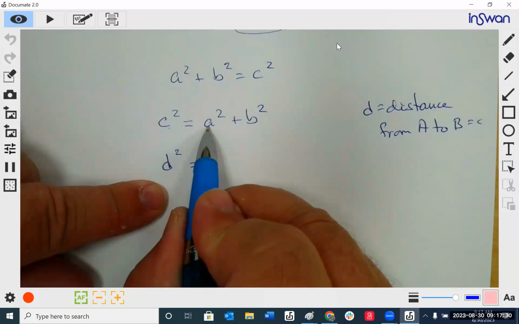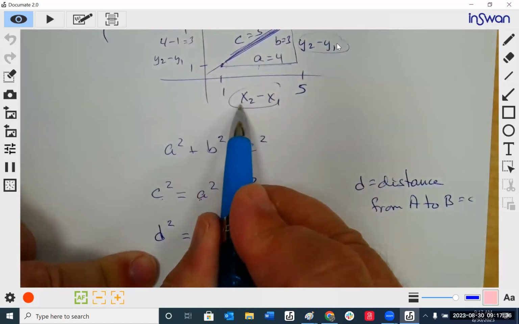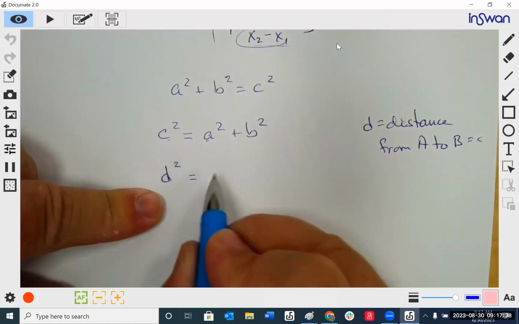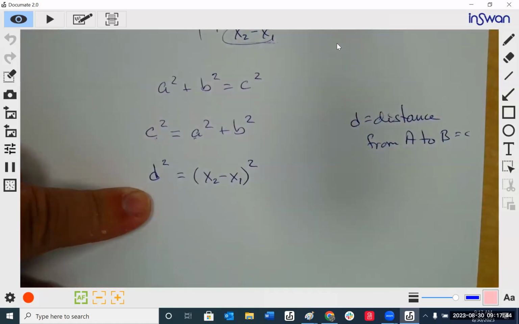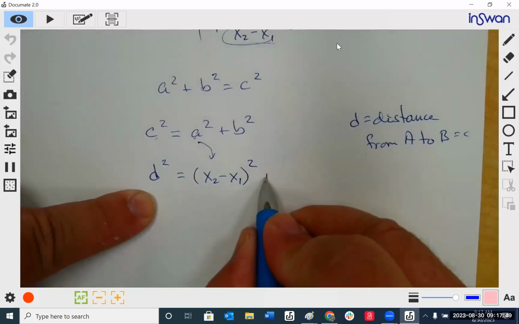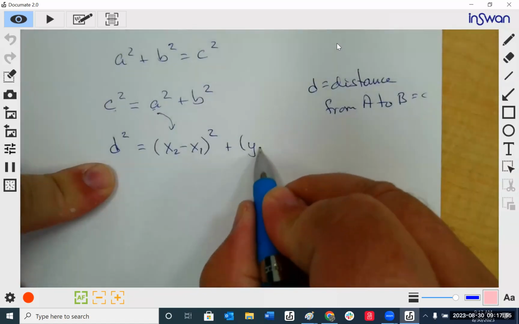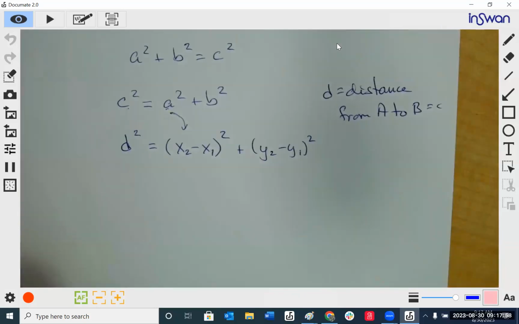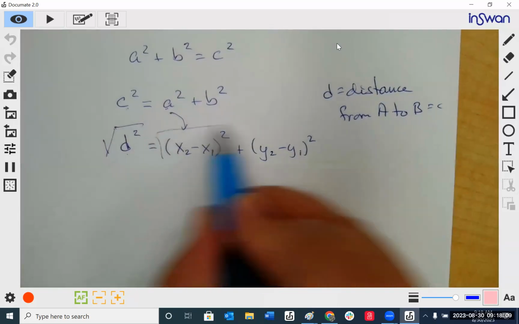What is A? A is this distance. So A is x2 minus x1 squared. B is the vertical one. B is y2 minus y1 squared. So to find the distance, we have to square root both sides.